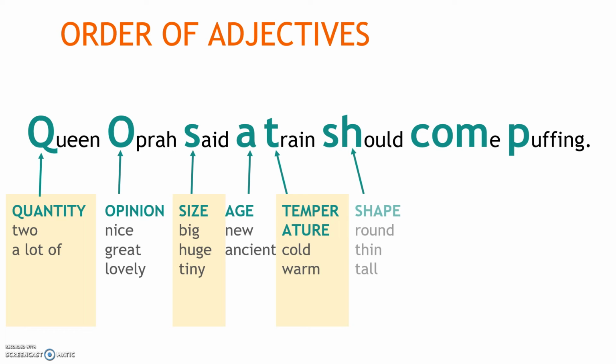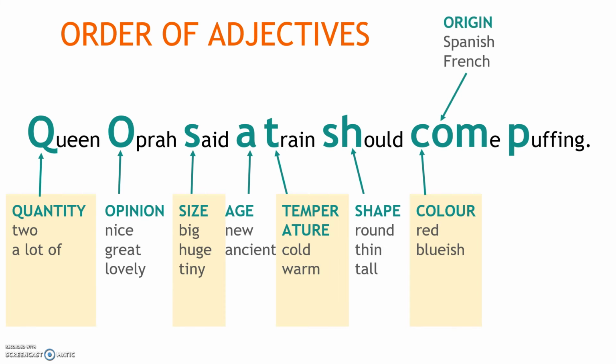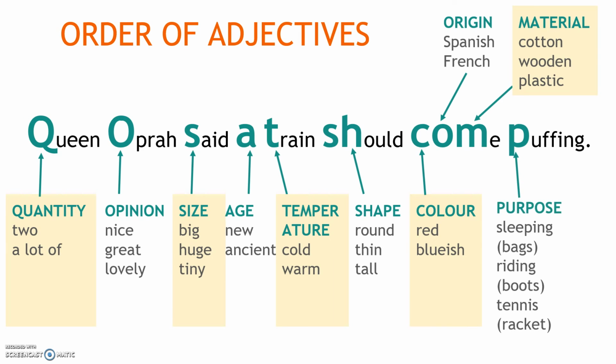After that, you have shape: round, thin, tall. Then you have color: red, bluish. After that, you have origin: Spanish, French. Then you have material: cotton, wooden, plastic. And then you have purpose. For example, sleeping for sleeping bags, riding for riding boots, and tennis for tennis racket.